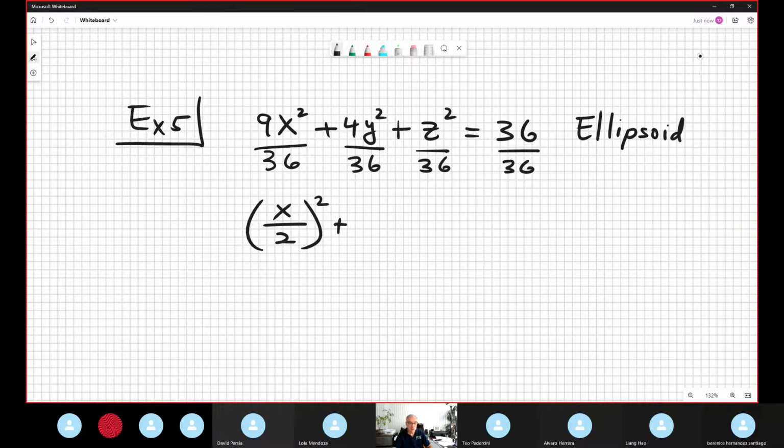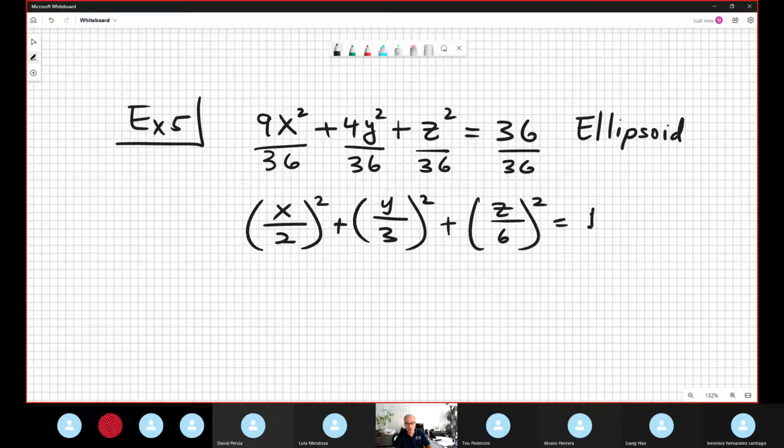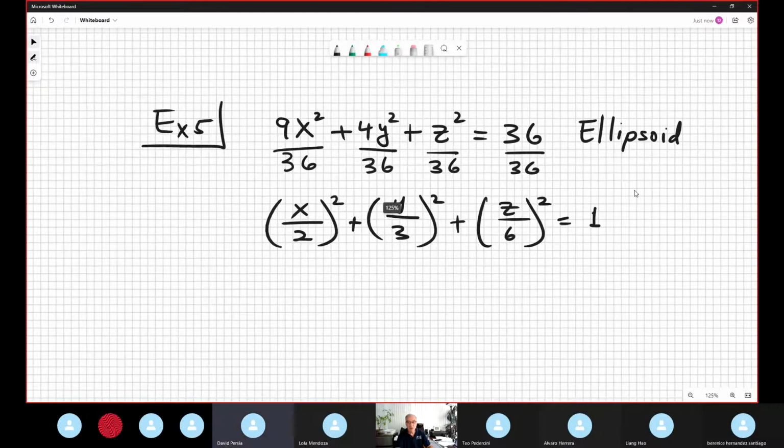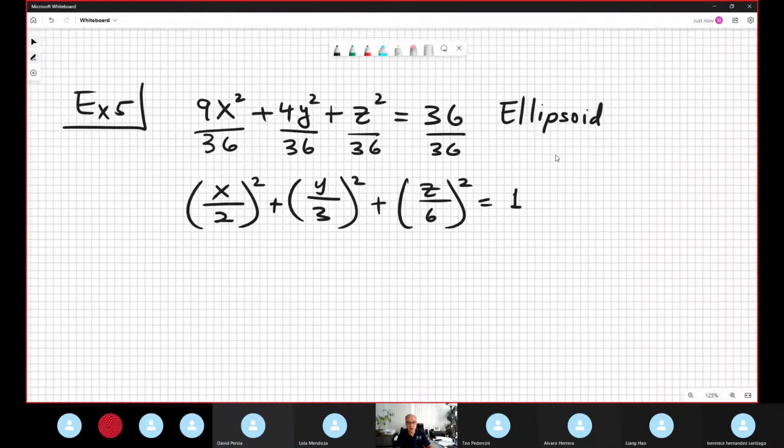Plus 36 divided by 4 is 9, and you express it like that, y over 3 squared. Plus, in this case, z over 6 squared equals 1. Everyone follows me in the algebra? Yes.